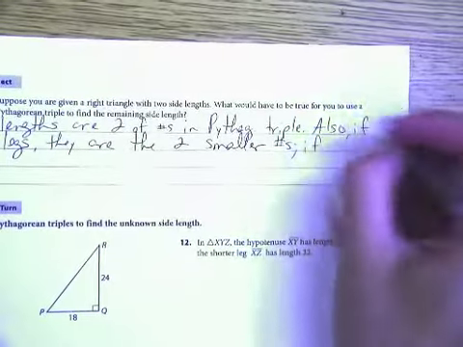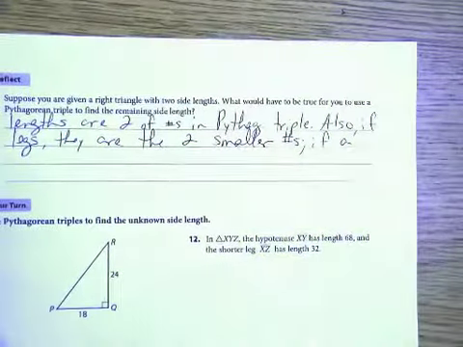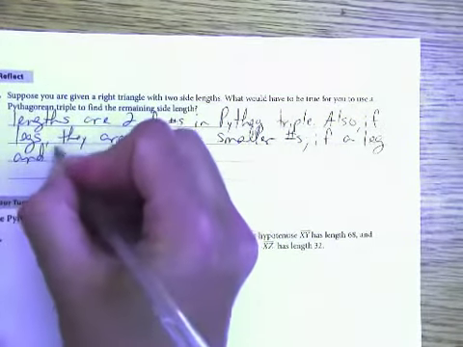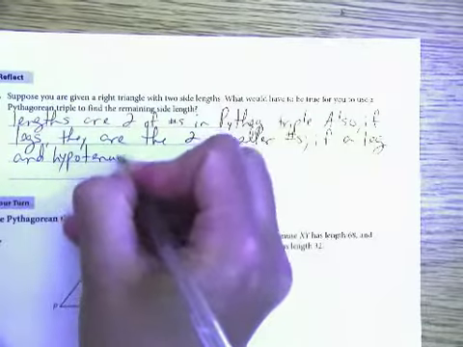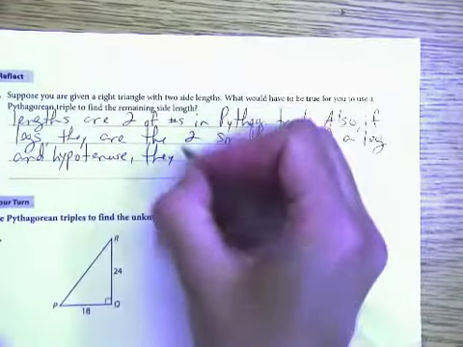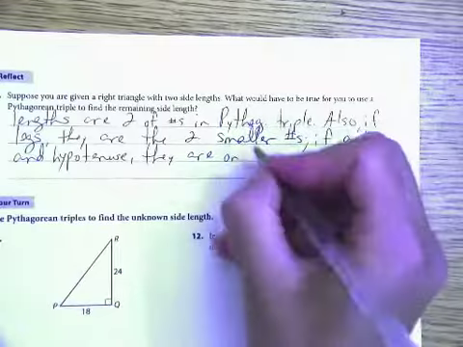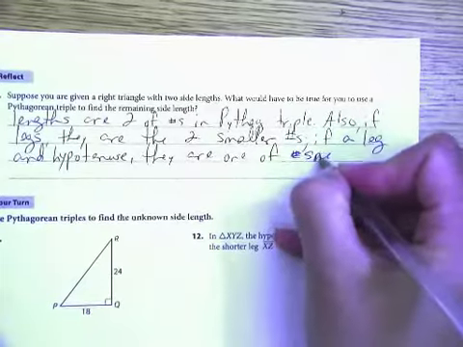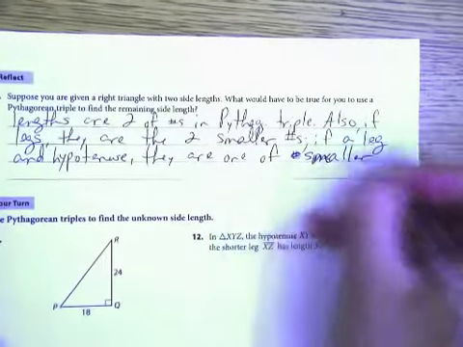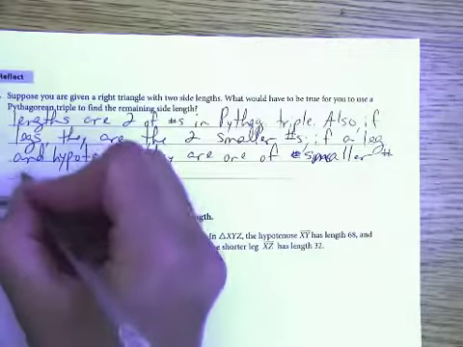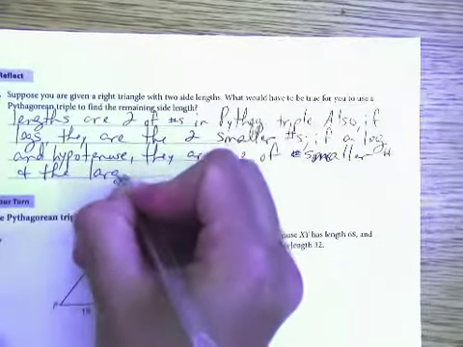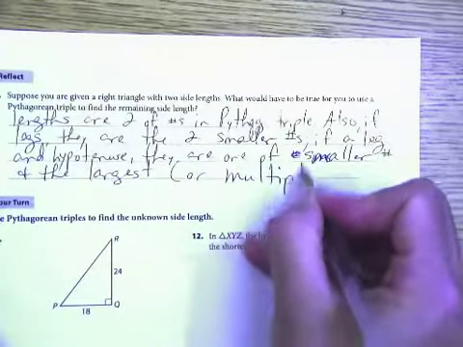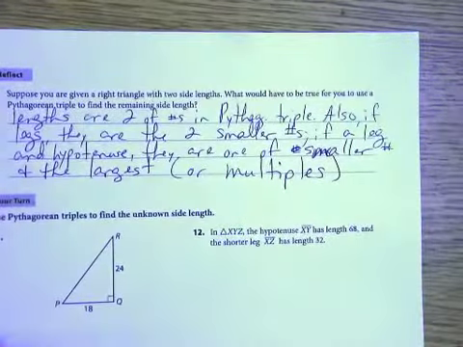If a leg and hypotenuse, they are one of the smaller numbers and the largest. Or multiples. And I'll clarify what I mean by that.